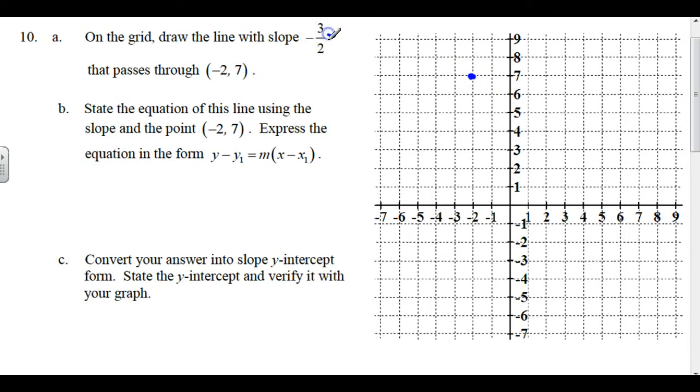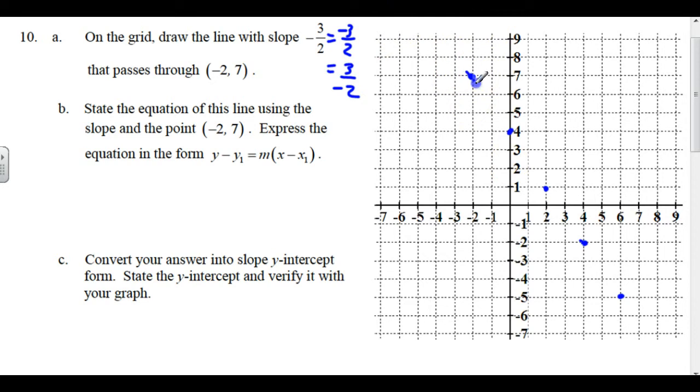Slope of -3/2, or 3/-2. This says down 3, right 2. Down 3, right 2. Down 3, right 2, and it also says up 3, but we can't go up 3.